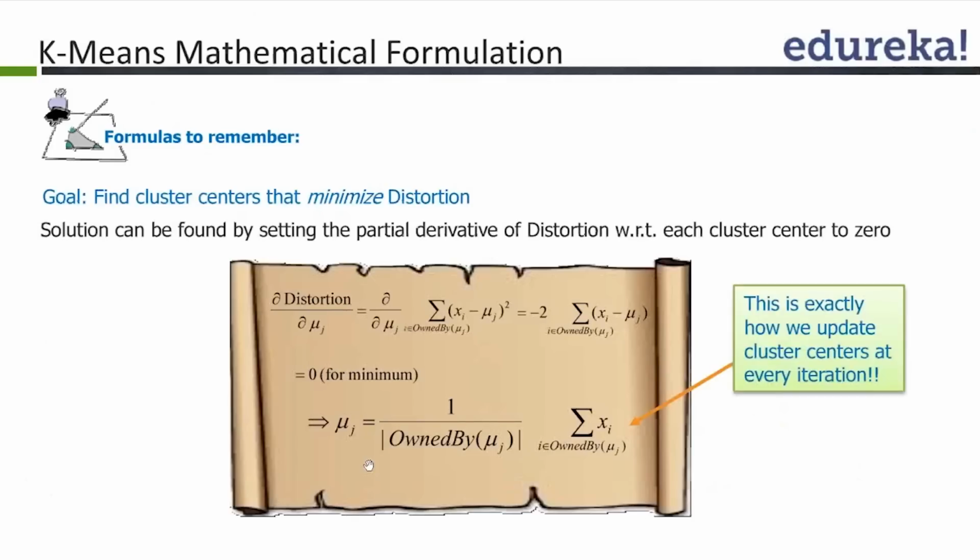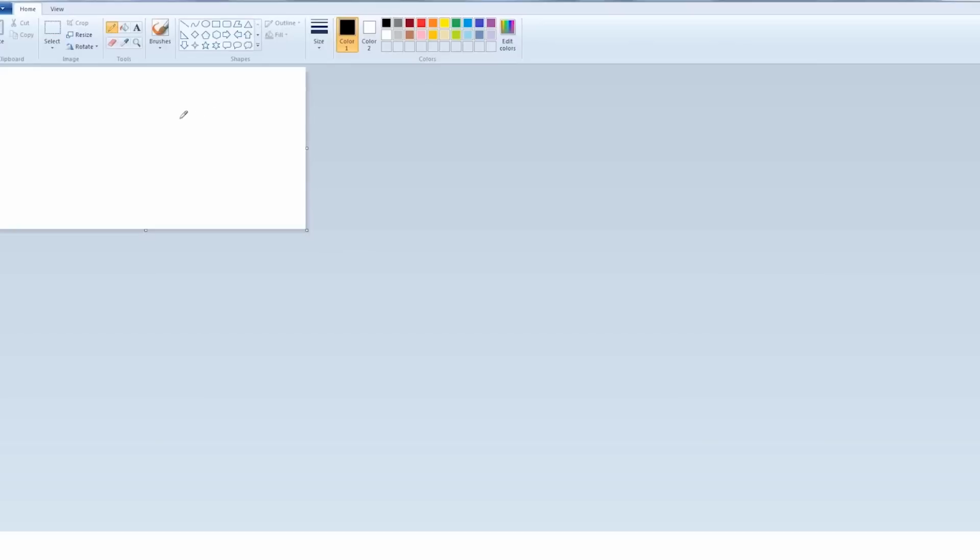Now, if I look at the complete space of solutions and plot the value of my objective, it will be some complicated function. This is my distortion, and depending on the solution point, I have different distortion.